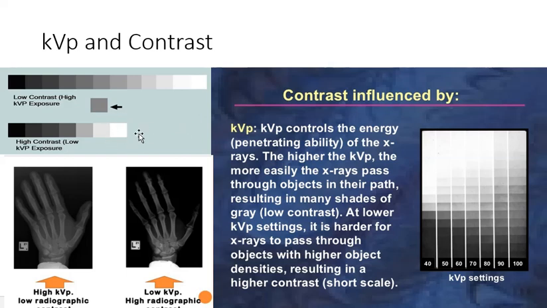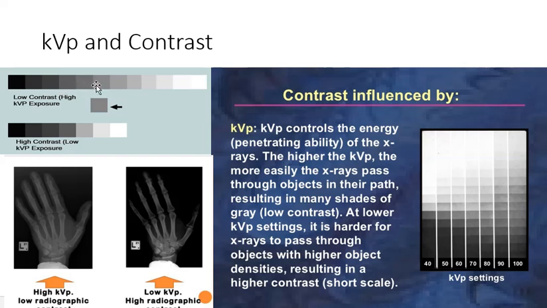So this end of the step wedge would represent the thicker portion of that piece of aluminum. This would be the thinner portion where x-rays got through pretty easily, and they didn't get through it all up here.